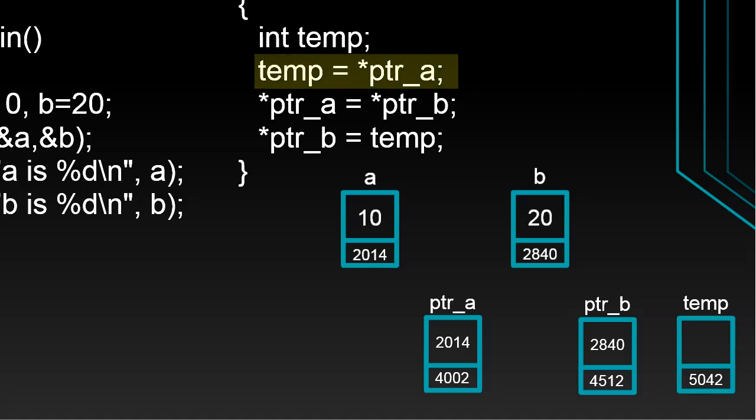In this step, the value at ptr_a, that is 10, is stored in temp. In this step, the value at ptr_b, that is 20, is stored in the location pointed to by ptr_a, that is in 2014. And finally, temp is stored in the location pointed to by ptr_b, that is in 2840.